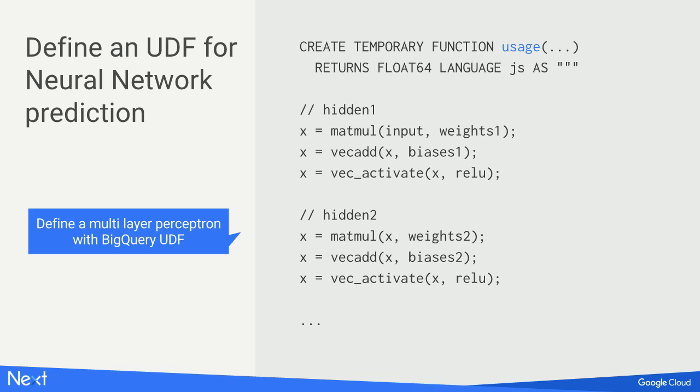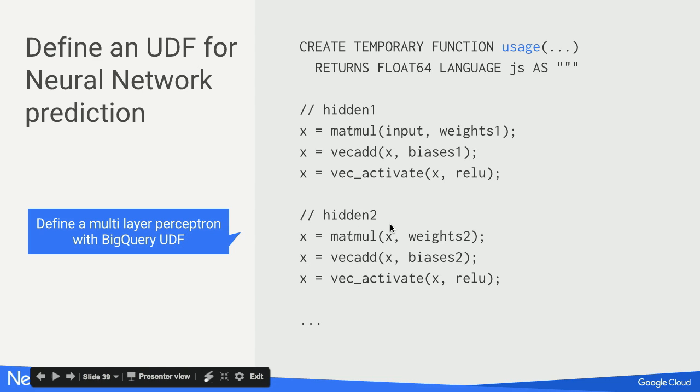You can define a UDF like this. As you can see, you can define very simple neural networks by using JavaScript in a UDF. If you have read any textbook on neural networks, you may remember that people will be using Python or Java code to write this kind of multi-layer perceptron.